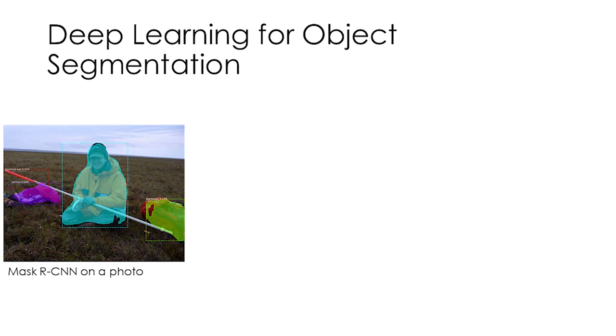Over the past years, there's been a lot of progress in image analysis and object detection, object segmentation, mostly in everyday imagery for detecting certain objects from photography, like you see here on the left. This is a nice photo of me in the field.